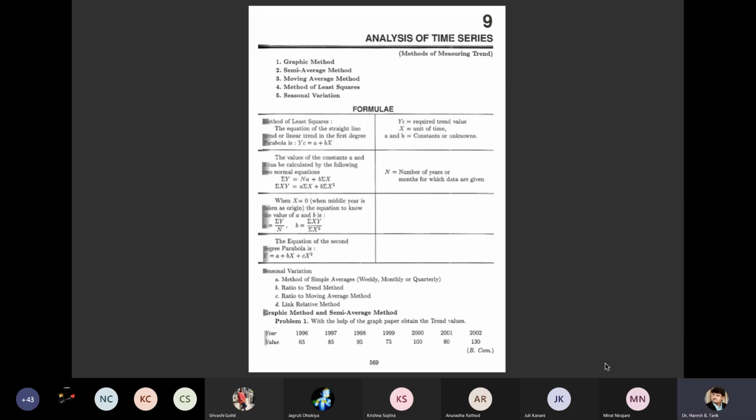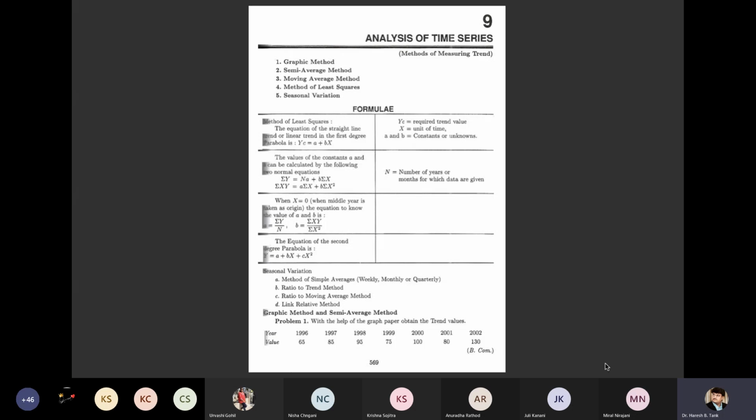First of all, you have to plot all these values on a graph paper. As we know, in a time series analysis, whenever we are using a graph method, or you can say a freehand method, your x-axis is always with respect to time. In this case, your time is in the form of years, so your x-axis will be year, and your y-axis will be the value which is given to you.